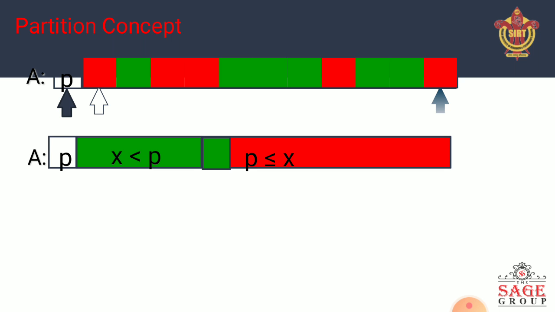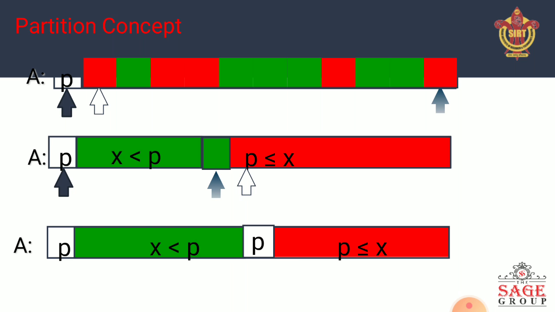Now our i and j indexes work. The i index is represented in red, at the initial position, and j represents the last position. The green portion represents where all elements are less than the pivot, and the red area represents where elements are greater than or equal to the pivot.